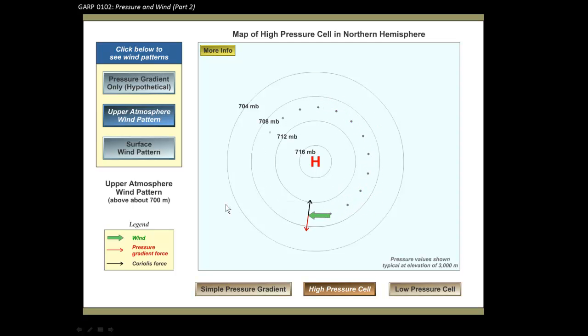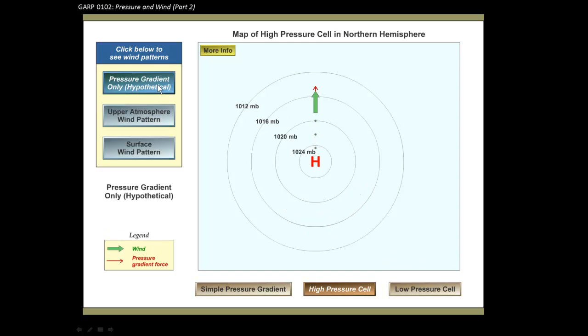Therefore, we have a geostrophic wind parallel to the isobars. And then if we would stop the Earth from rotating, Coriolis force would cease to exist, and the wind would blow straight down the pressure gradient, going across the isobars at a 90-degree angle. All right.